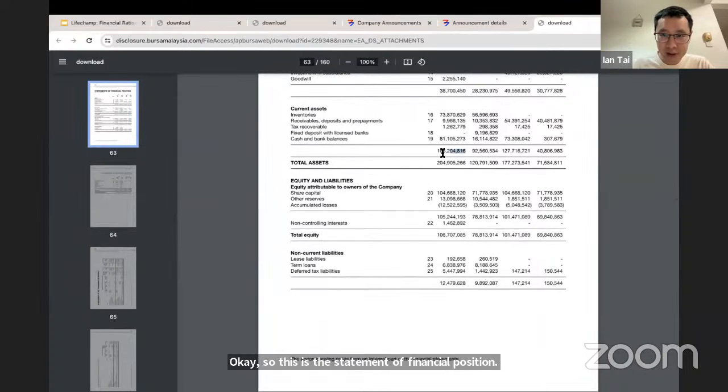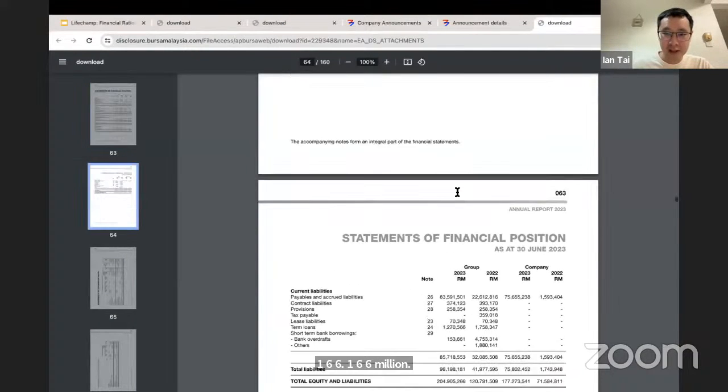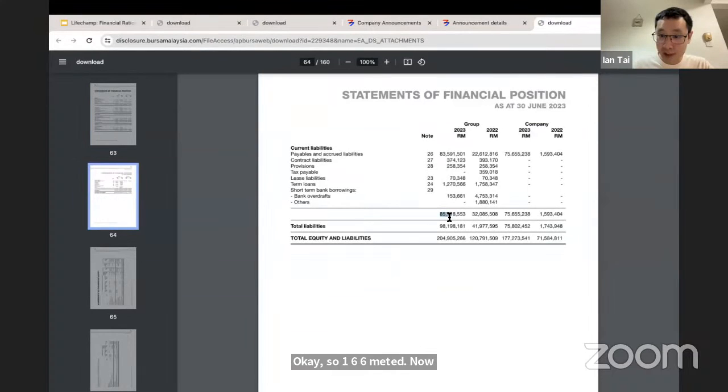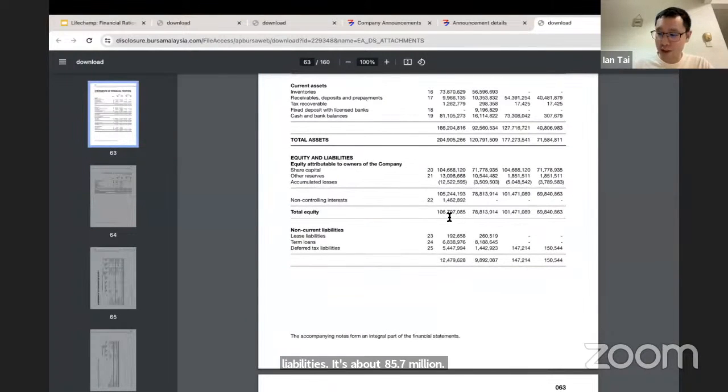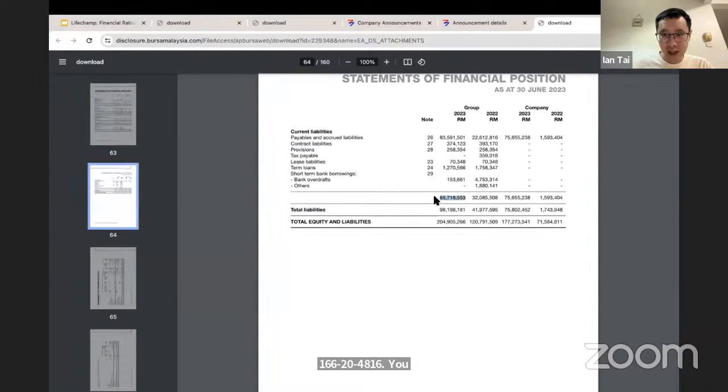So we can see that it has this amount of current assets, 166 million. Now let's see its current liabilities. It's about 85.7 million. So if you want to calculate the current ratio for Clasita, you take this figure, 166,204,816, and divide it by 85,718,553.